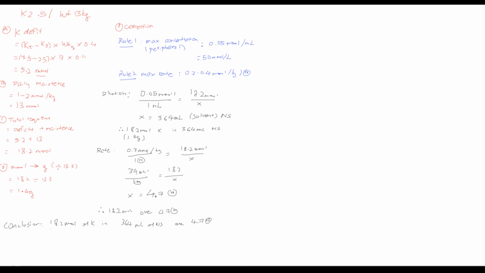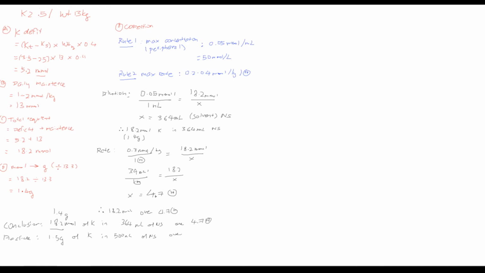So 18.2 millimoles is usually just said as 1.4 grams, which we round off to 1.5 grams. So in practice, we just say 1.5 grams of potassium. Because this is the maximum dilution, we will want to give less than this, so we'll say about 400 to 500, let's say 500 mL of normal saline.